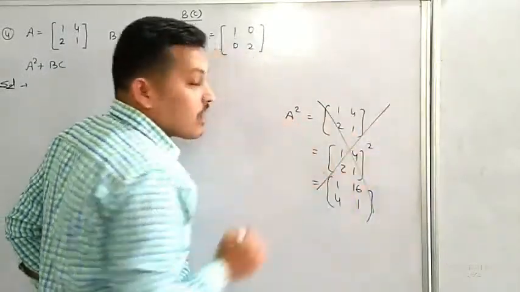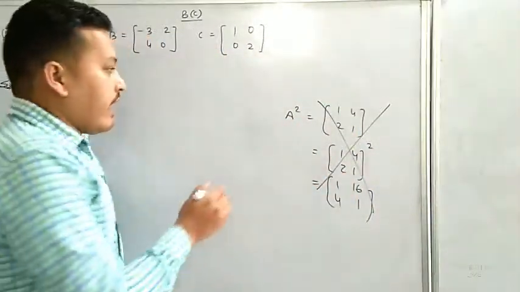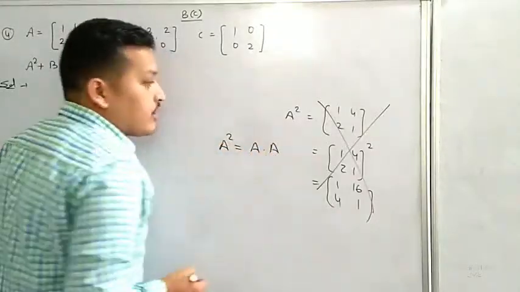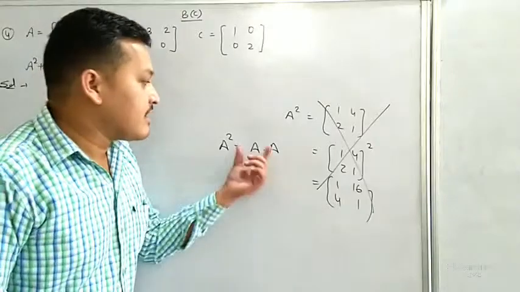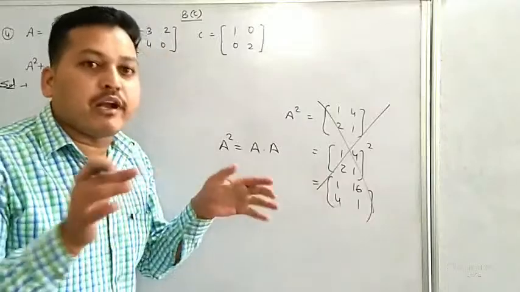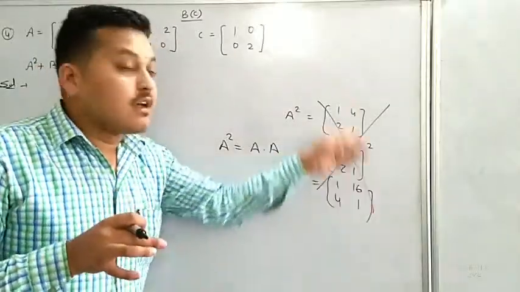No, this is wrong. A square means we have to multiply A into A, and the result of A into A and the element-wise square will be different from each other. So this is the wrong method.